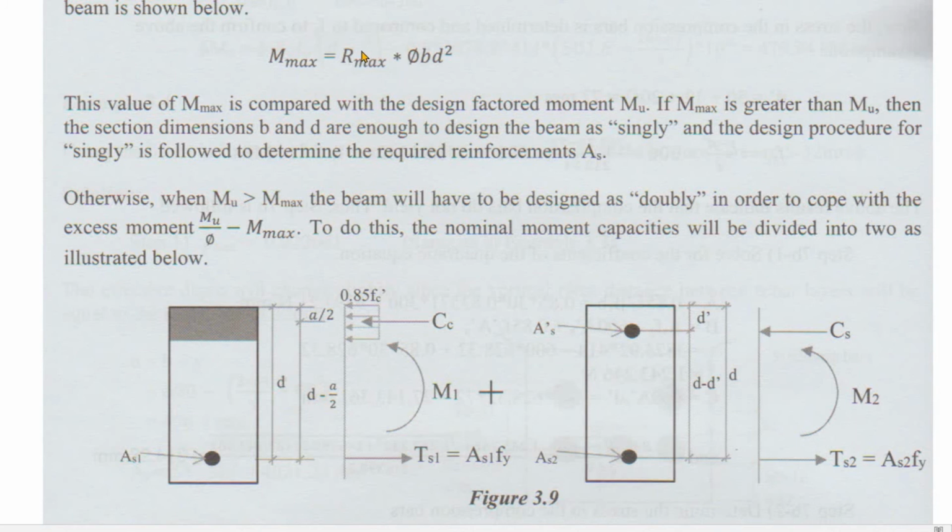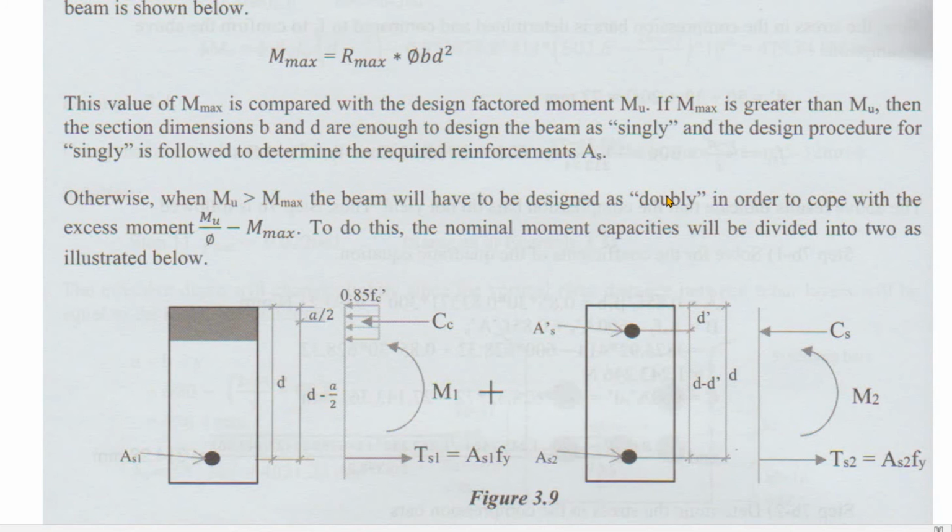So, ito yung pang SRB na moment capacity, ano? Otherwise, when Mu is greater than Mmax, okay, kapag mas malaki yung load dito sa SRB na moment capacity, then that's the time na i-design mo yung beam as DRB.